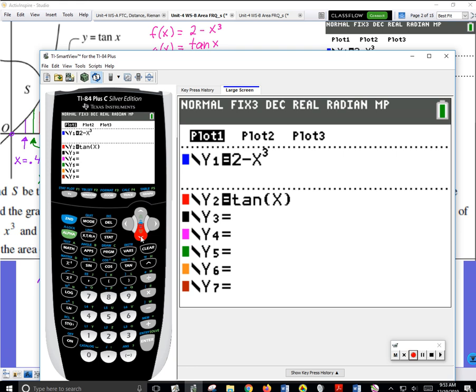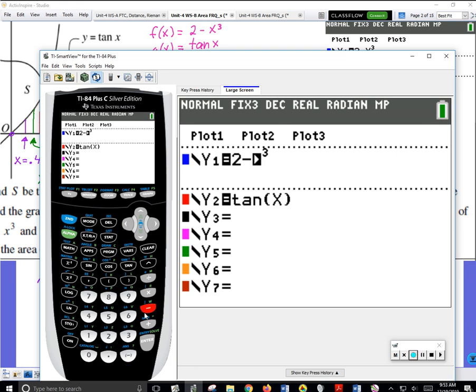Easy to fix, you just turn plot 1 off. Another common error is when you're typing the formula, instead of typing subtract, you'll type the negative. It's smaller. That's also common. If it's not one of those 2 errors, you should just reset your calculator and start over.